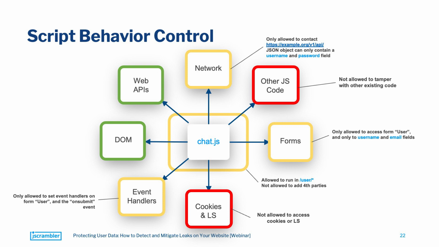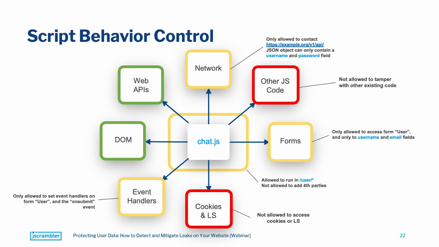Then we can also define which event handlers this script is allowed to set. In this case, it can only set event handlers on the user's form and only on the onSubmit events. I decided to be more permissive in terms of how this script can mutate the DOM, and so I've placed no restrictions there.